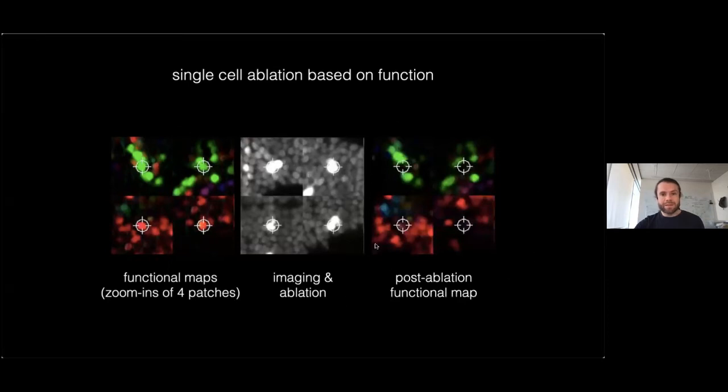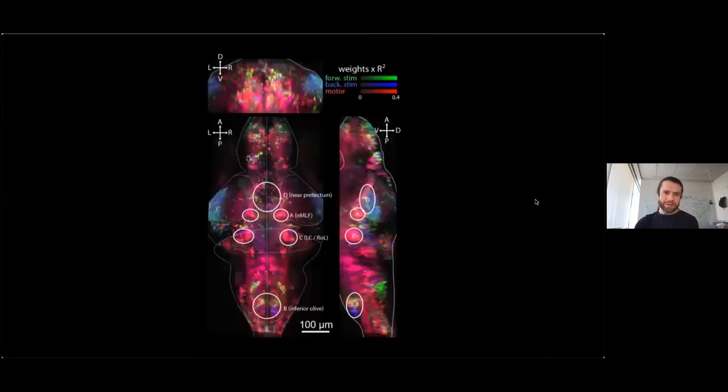If you re-derive the functional map, you can see that the neurons nearby are still functionally tuned to the different stimuli or to swimming, but that the targeted neuron is now dark. Then afterwards, we can ask what happens to the brain. So here are some example clusters that we targeted.